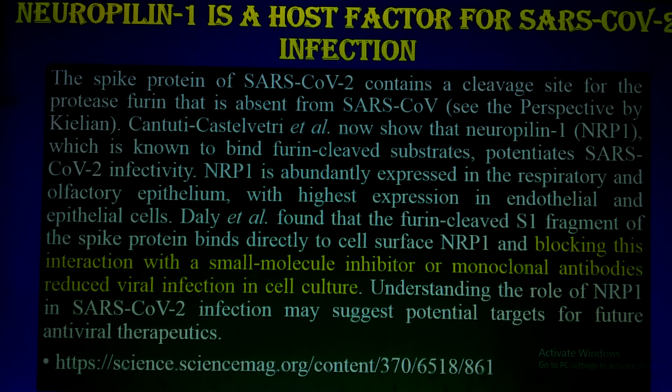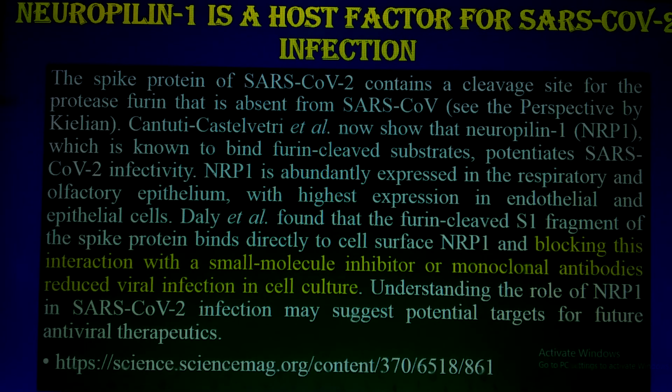The researchers believe that if we block NRP1, we can easily block the entry of the SARS coronavirus into the cell. Understanding the role of NRP1 in SARS coronavirus 2 infection may suggest potential targets for future antiviral therapies.